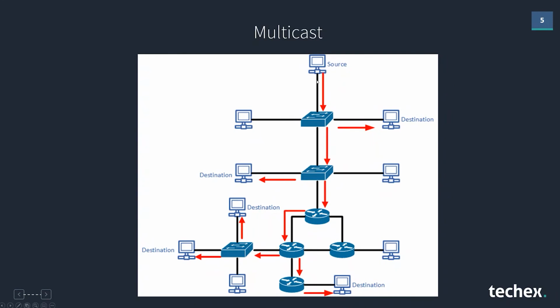So if this was a 10 gig flow from a source and you had 10 destinations, you wouldn't have to have a 100 gig link here to support 10 copies of a 10 gig flow, for example. You just have your 10 gig flow onto the switch and then it's distributed throughout. That works both at layer 2 and at layer 3, so switches and routers can support multicast to make sure that it isn't utilizing bandwidth where it isn't needed.